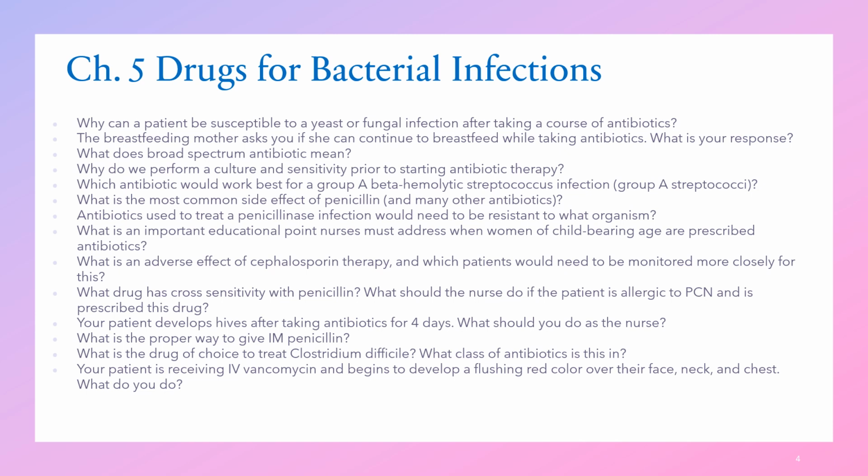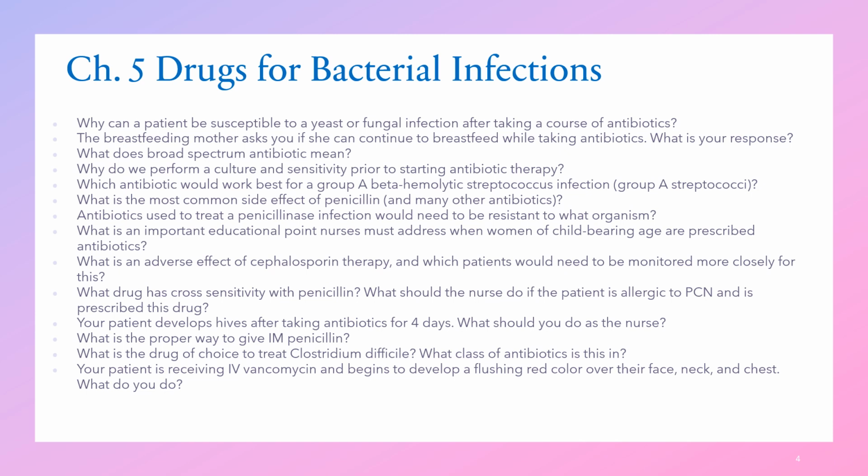Your patient is receiving IV vancomycin and begins to develop a flushing red color over their face, neck, and chest. What do you do? We can see this on page 76. Vancomycin often causes flushing and hypotension. An unusual response is a deep red rash on the upper body, known as red man syndrome.